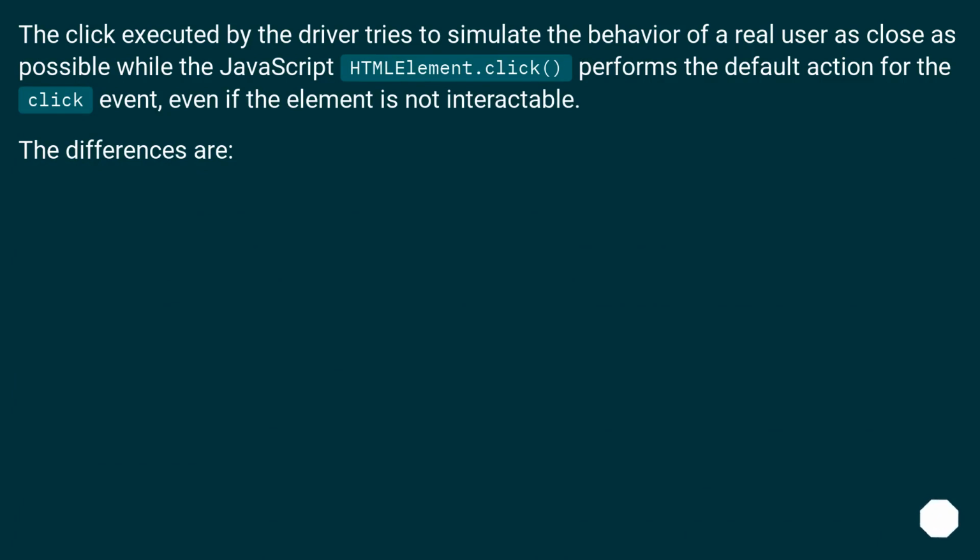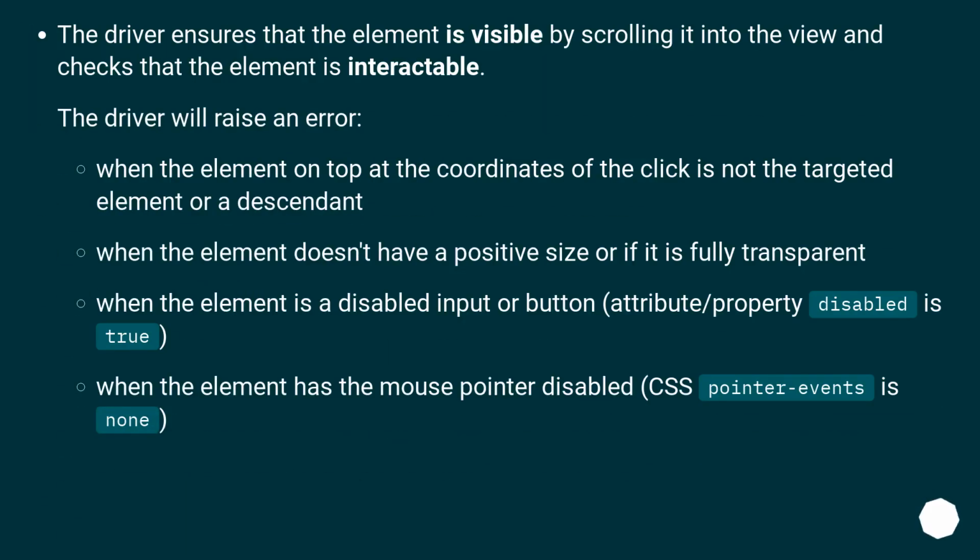The click executed by the driver tries to simulate the behavior of a real user as closely as possible, while the JavaScript node.click performs the default action for the click event, even if the element is not interactable. The differences are: the driver ensures that the element is visible by scrolling it into view and checks that the element is interactable.